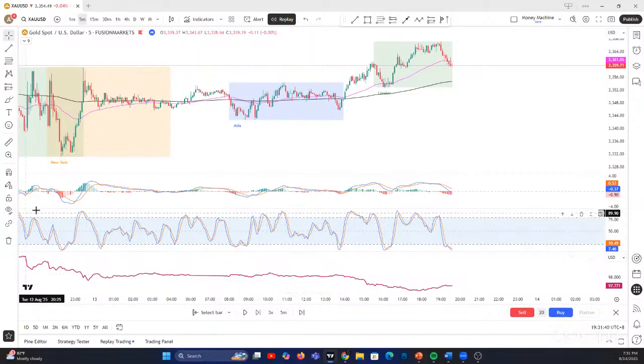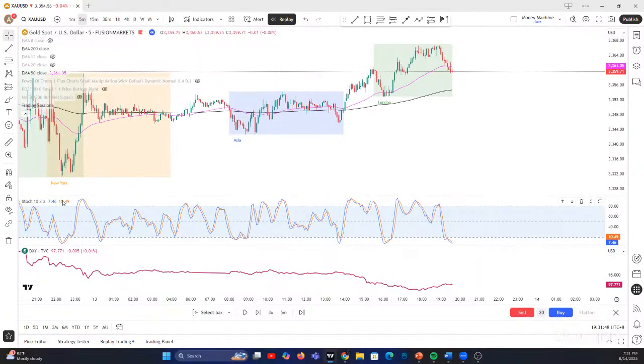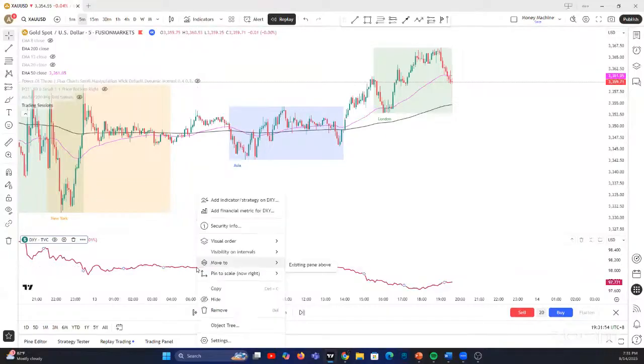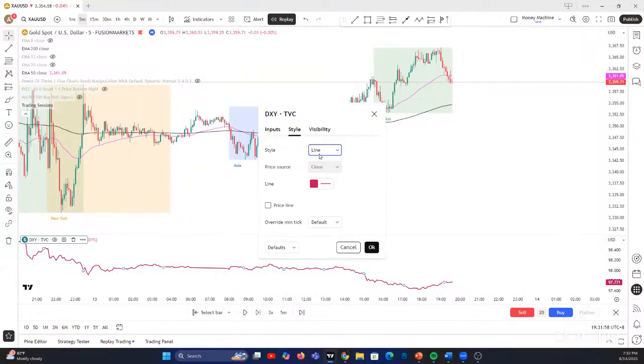Okay, let's remove our indicators. Let's remove MACD. Let's remove the stochastic. Okay, now you have DXY here. And just the same, you can change this to candles.